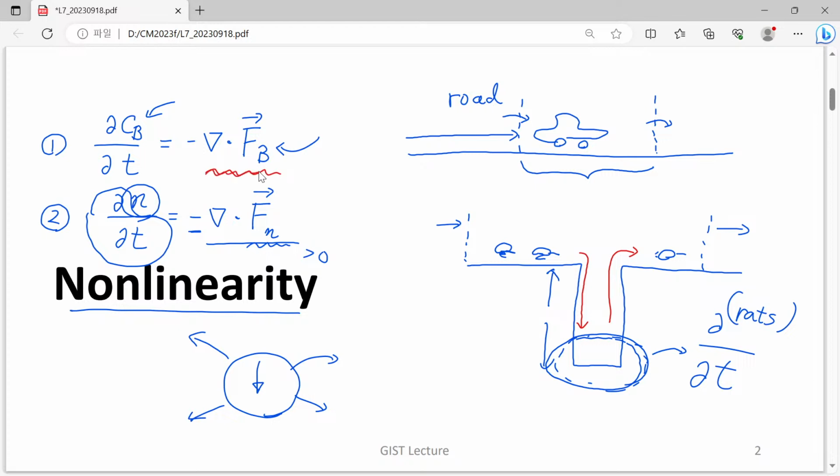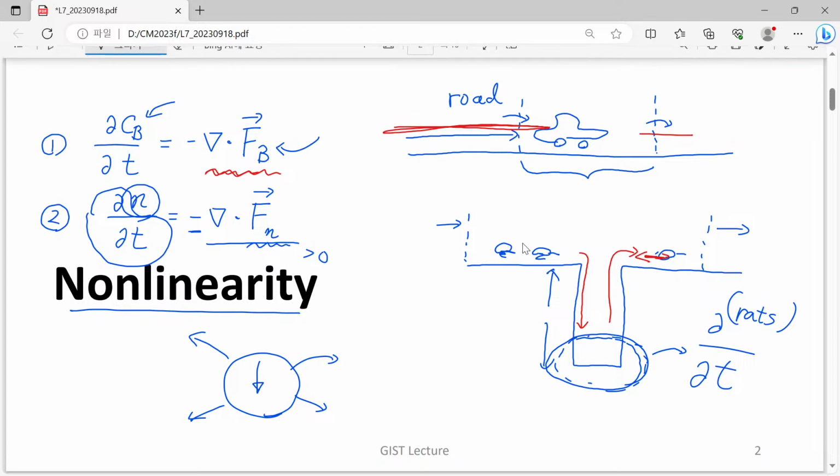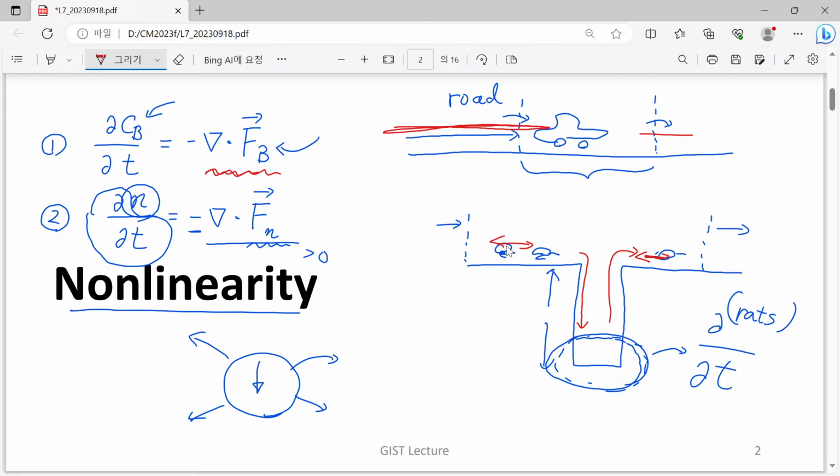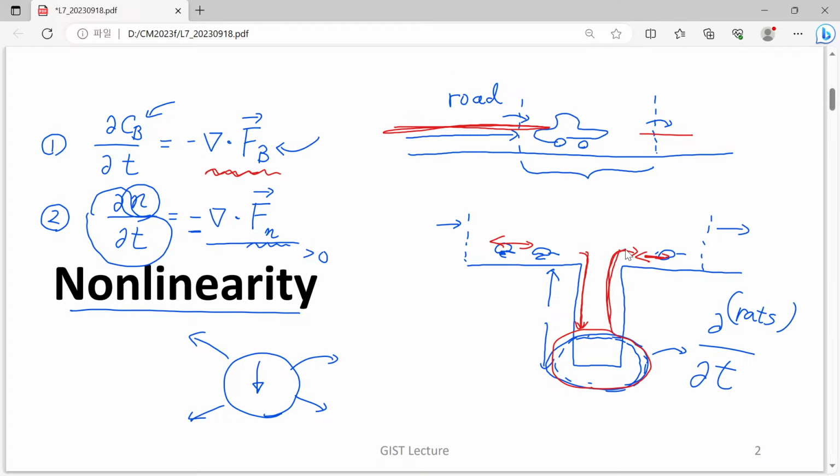This kind of behavior, flux and its divergence, is related to real space movement. So cars are coming and going out. But in this case, this is nothing related. This horizontal lateral movement is nothing related to the capture and release of our LEDs. The only important motion is their vertical motion. One LED is falling down and one LED is jumping sufficiently high, then it is escaping from this level.